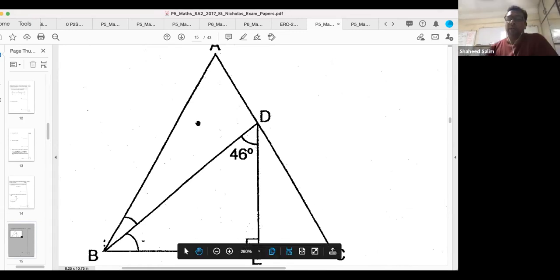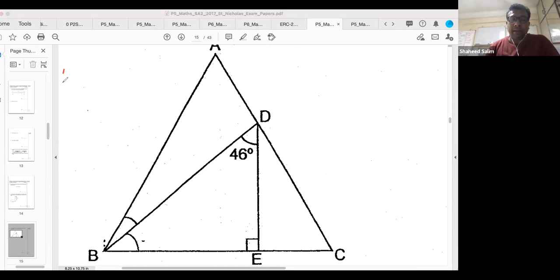What is equilateral? All 3 sides are the same. Can you see this side is the same, this side is the same, this side is the same. And all 3 angles will be 60. Why will it be 60? Angles in a triangle add up to 180. To find one angle of an equilateral triangle, divide by 3. You get 60 degrees. So this is 60, this one is also 60, this one is also 60, the whole thing.